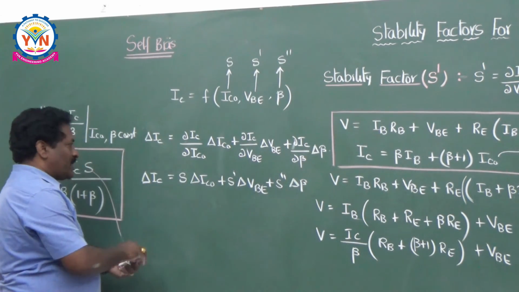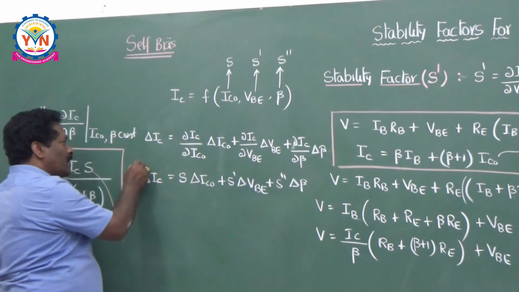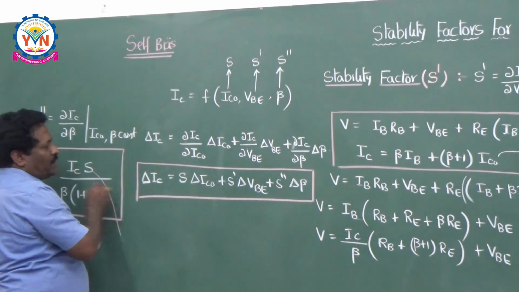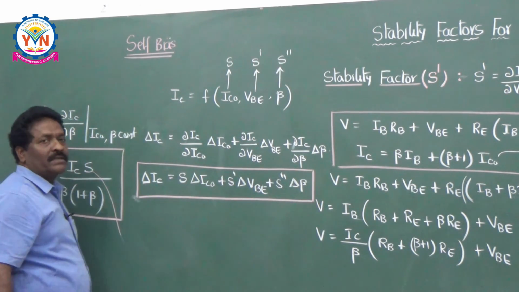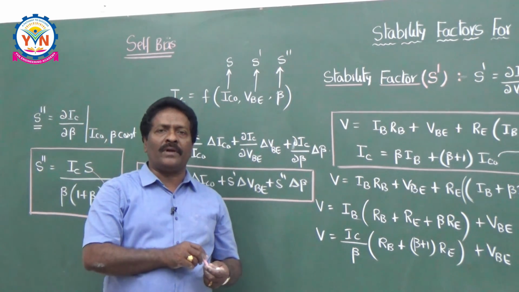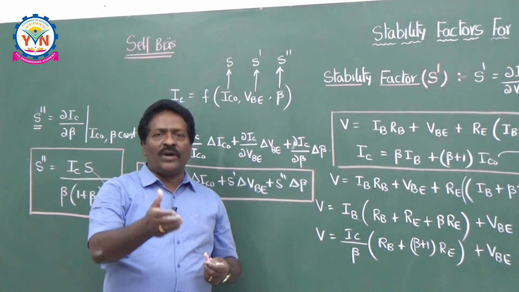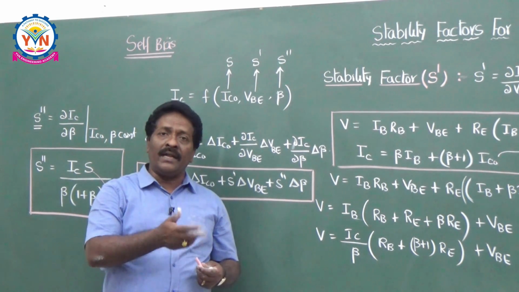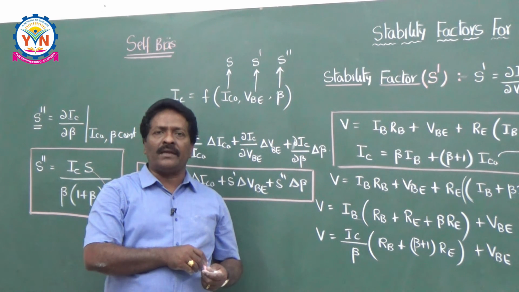So this is the expression which is giving the variation due to all the parameters. It is also the most important equation to calculate different parameters in your future. Okay, I hope you understood the way of calculating the stability factors for any type of biasing circuits. Okay, thank you.